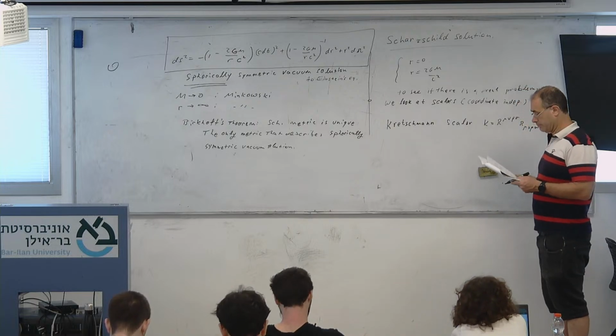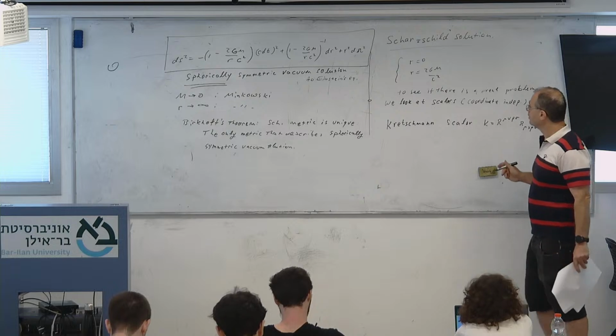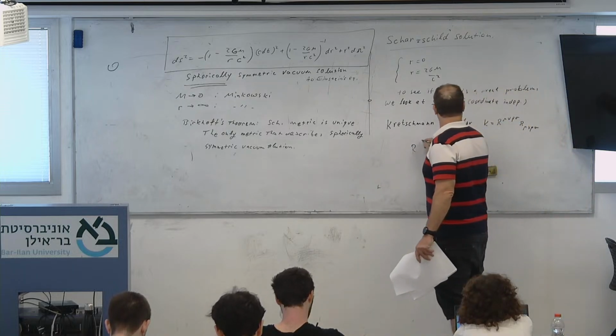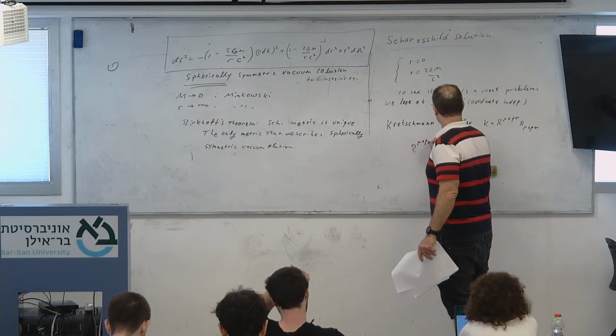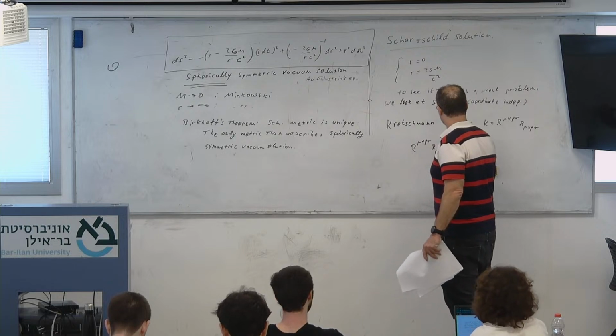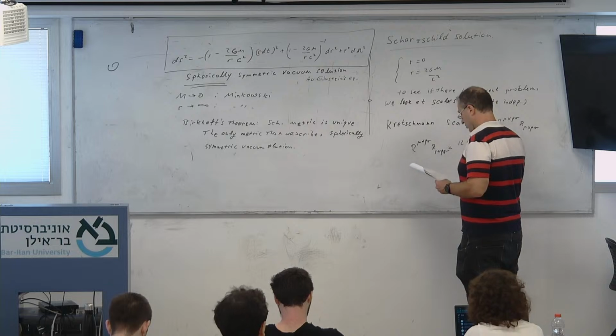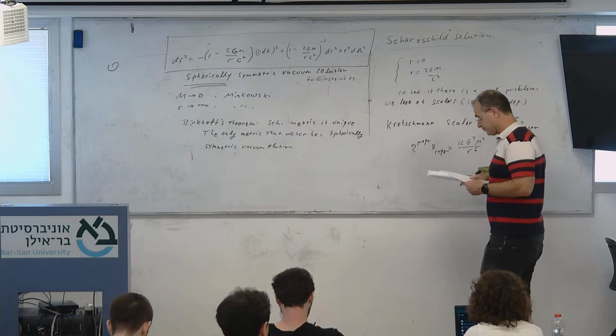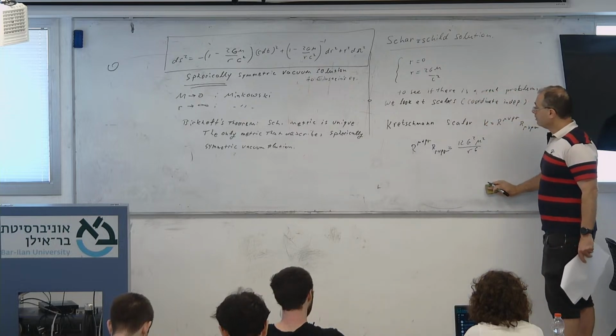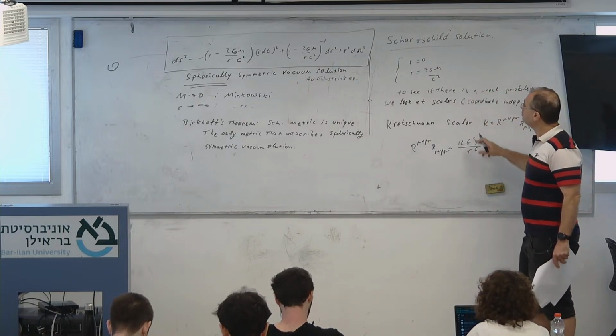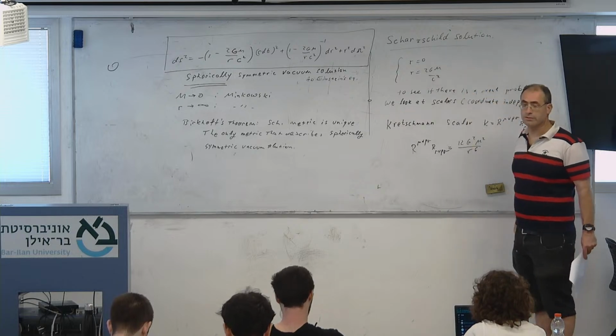And you can do the calculation. What you'll find is that R mu nu rho sigma, R mu nu rho sigma is 12 G squared M squared over r to the power 6. And that means the following. At r equal to 0, there is a real issue. That's called a singularity.